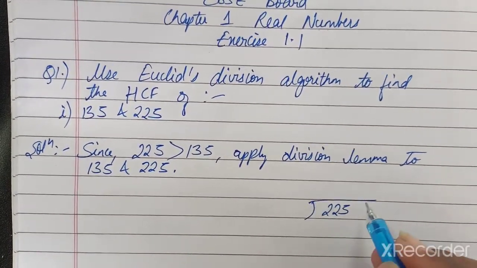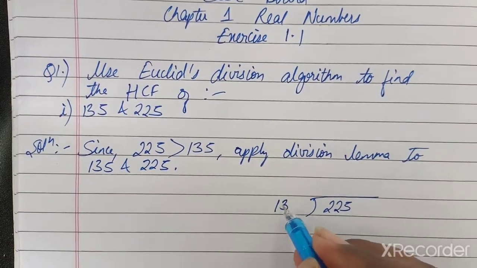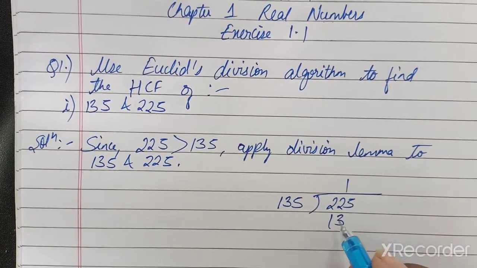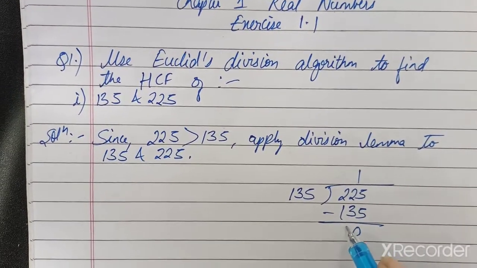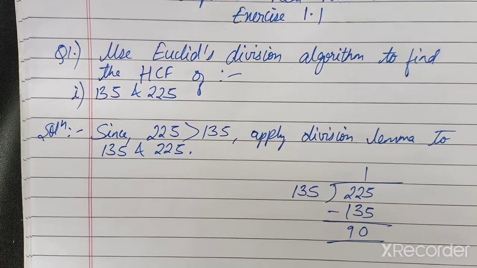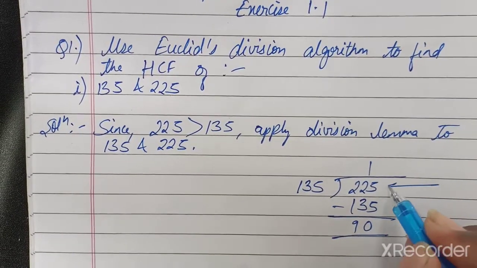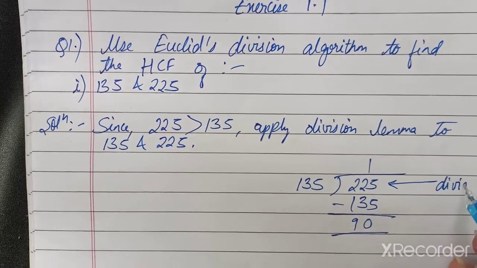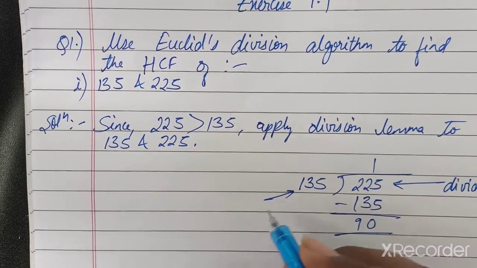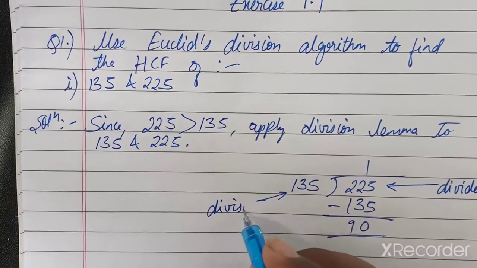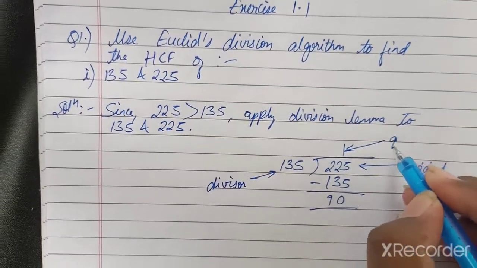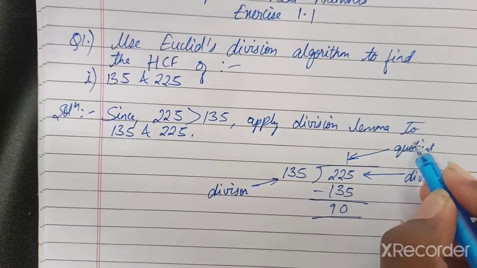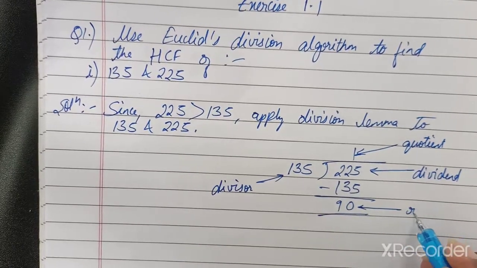We take the greater number as dividend and the smaller number as divisor. So we have divided. Here 225 is dividend, 135 is divisor, 1 is quotient, and 90 is remainder.